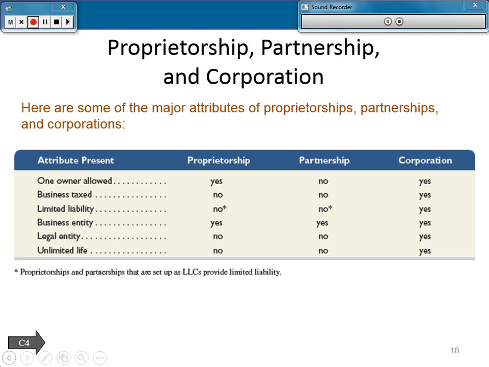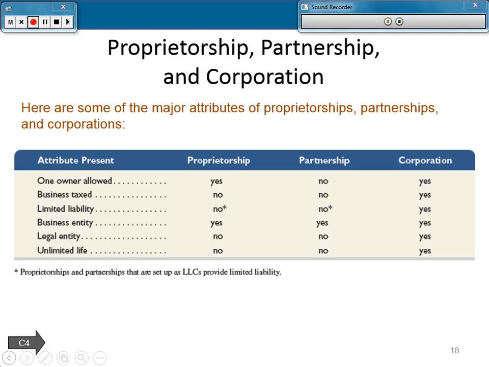Now, there is an exception to that. If before that person departs, you get somebody else to buy into the partnership and do a whole new agreement, your business can continue to go. But if you don't bring somebody else in and that person just leaves, you have to disband everything. Okay? Corporation is yes for everything because yes, you can have more than one owner of a corporation.